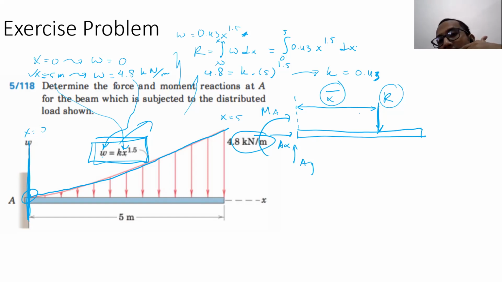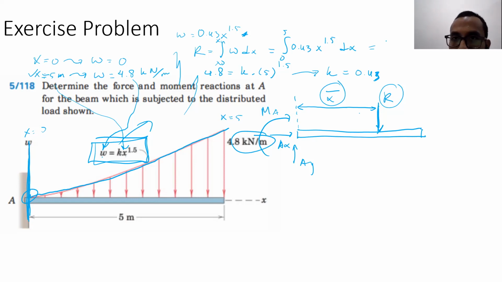Wait, so. x to the power of 1.5, the integral of that is what? One over 2.5 x to the power 2.5.